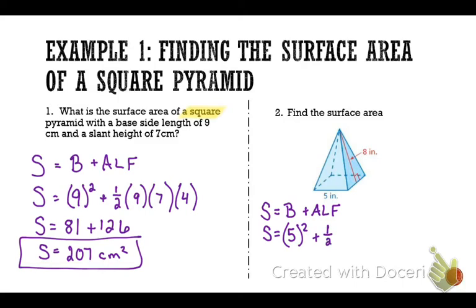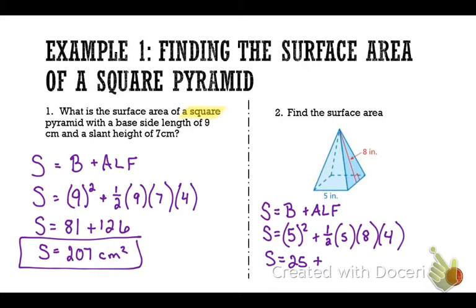It's a triangle. So what's my formula to find the area of a triangle? 1/2 times my base, which all of the sides are the same, so it's 5. 1/2 base times height. Now, how many lateral faces do I have? 4. So now I multiply it by 4. All right. So surface area equals 25 plus, does it matter which number I take half of?